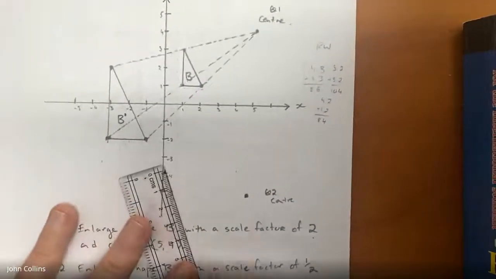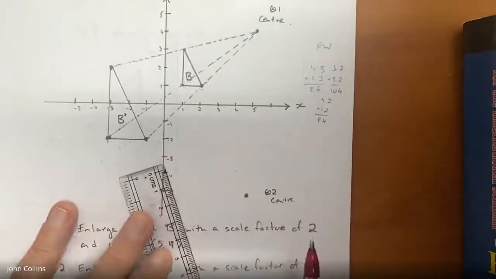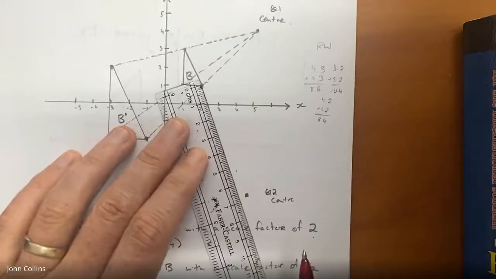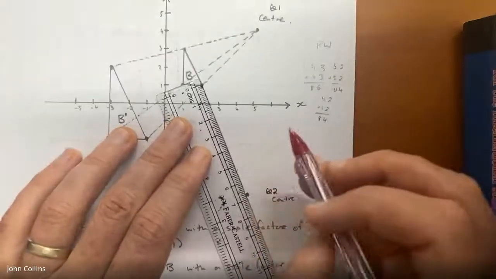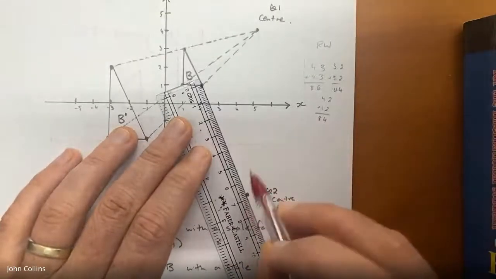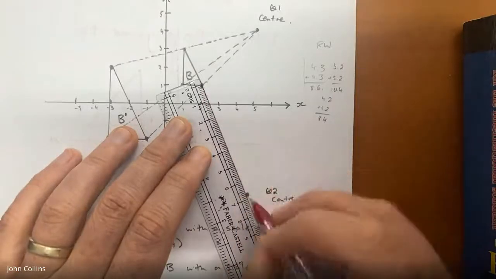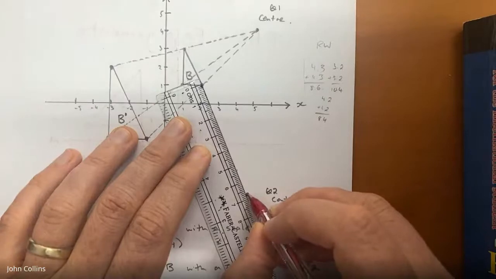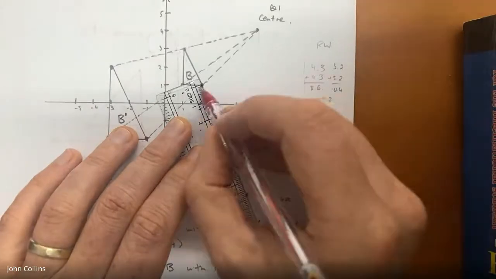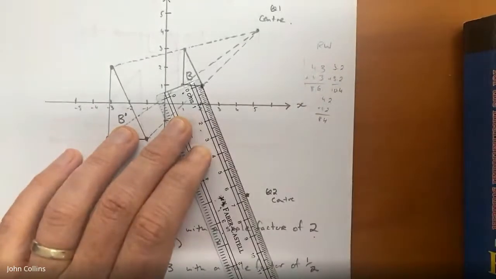I'm going to do... Well, I'm going to look at this corner first. All right. So this corner is... Oh, it's 6 point... On mine, it's about 6.8 centimeters away on my ruler, that corner.